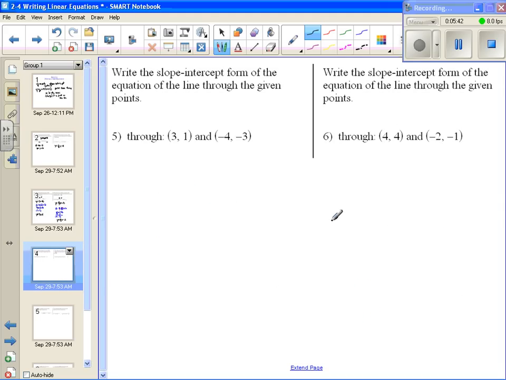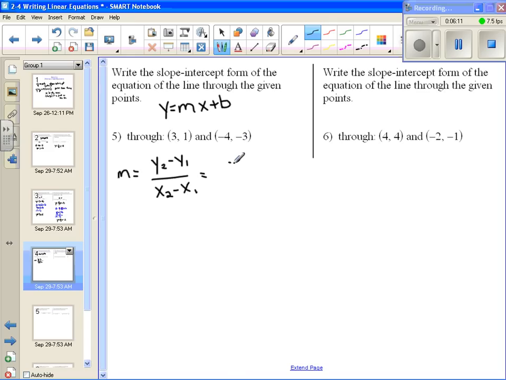All right, well, what about if you just know 2 points? So here we want to find the equation of the line. This time I'm not given the slope, but I have to figure it out. So remember, we have y equals mx plus b. And first I'm starting by finding the slope. So I'm going to do the change in my y values over the change in my x values.